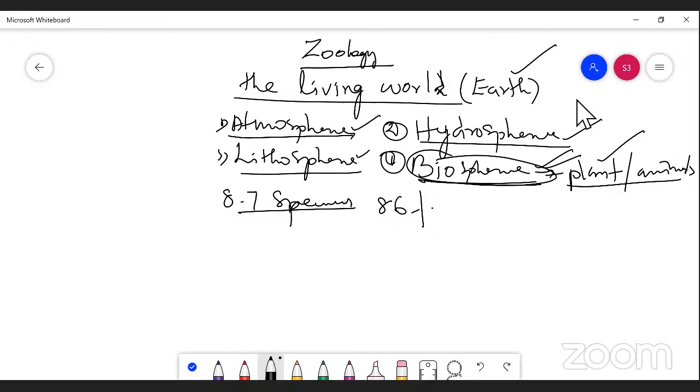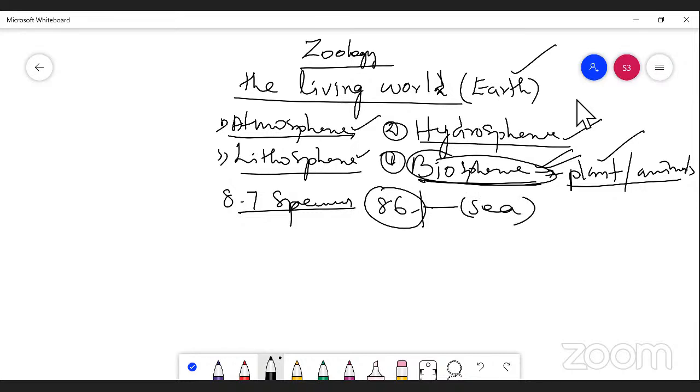Among the 8.7 million species, 86% of species we have discovered, described the characteristics of, and classified. The remaining species are living in the ocean or sea water.